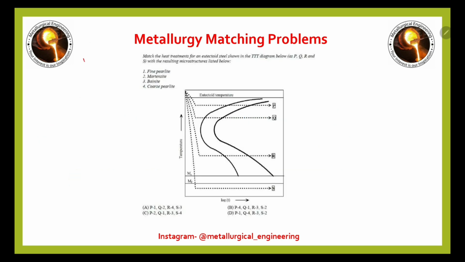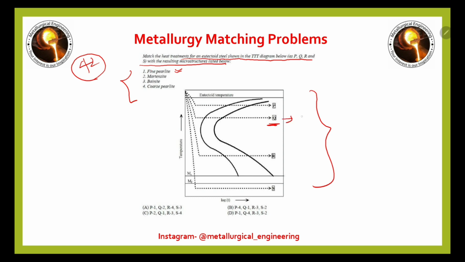This is the 42nd problem, in which we have to match the heat treatment for a eutectoid steel shown in the TTT diagram below as PQRS with the resulting microstructure. These are the microstructures given, and this is the TTT diagram, the time temperature transformation diagram. Fine pearlite will be for Q, so Q is 1 here.